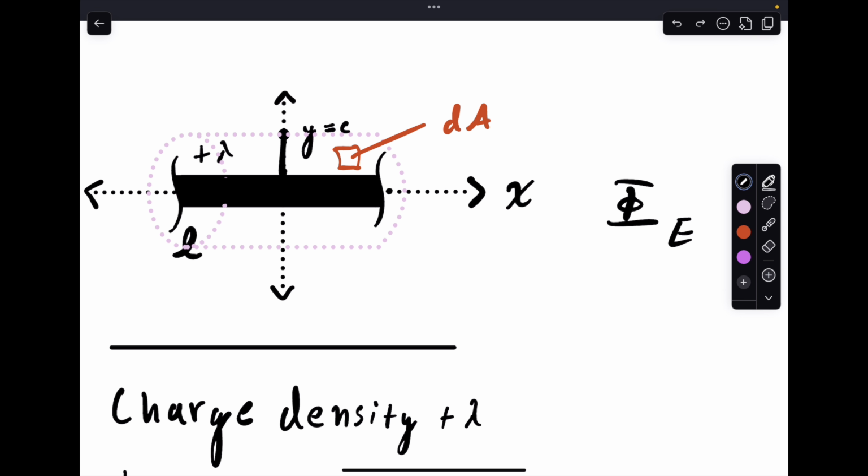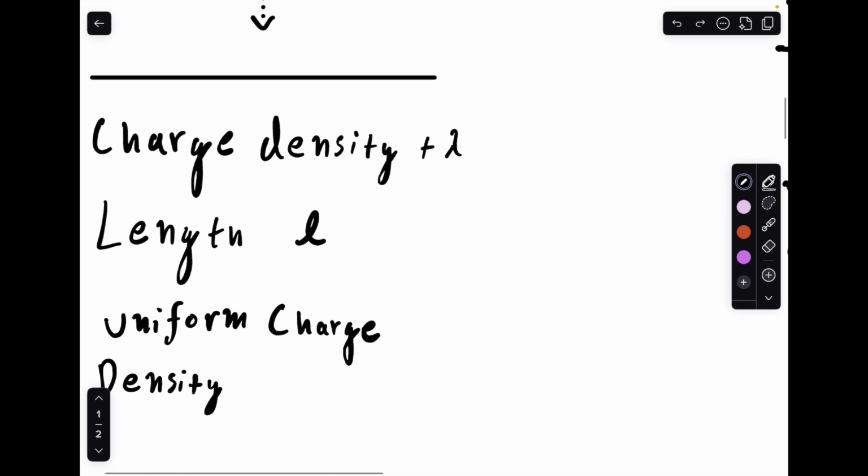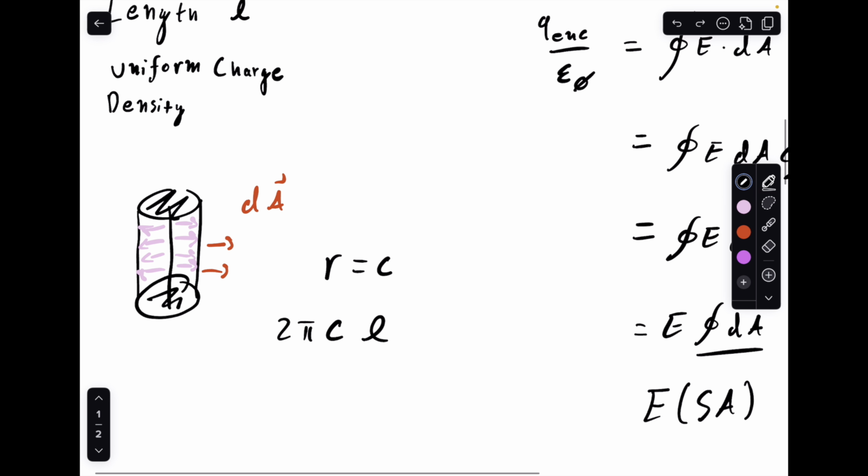We care about the y direction, so we're not going to include this, because in the course exam description for AP Physics C, they often ignore edge effects. And edge effects is what I just said: don't think about plus 2 pi r squared. Just think about the surface area as being 2 pi CL.